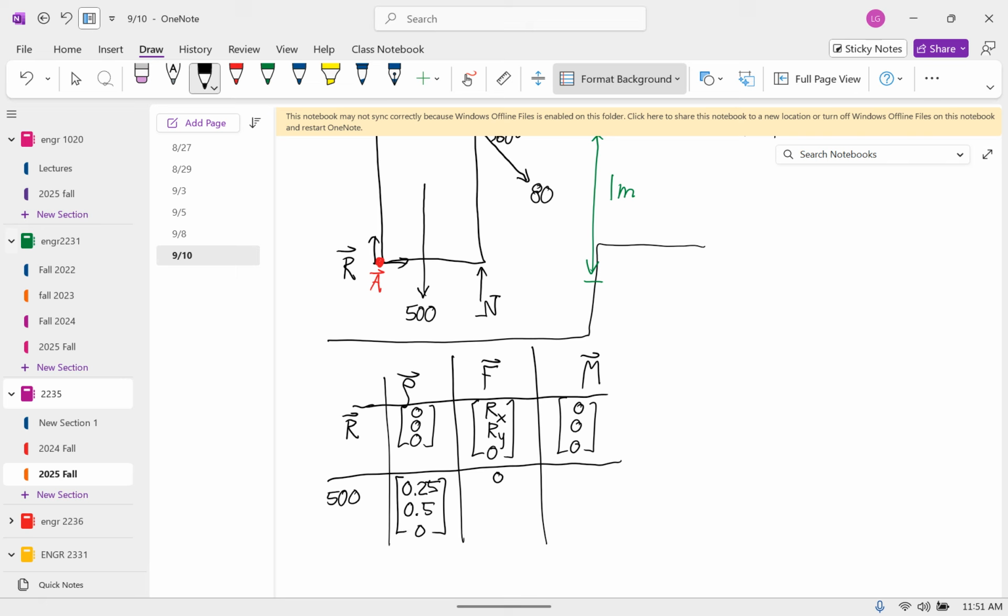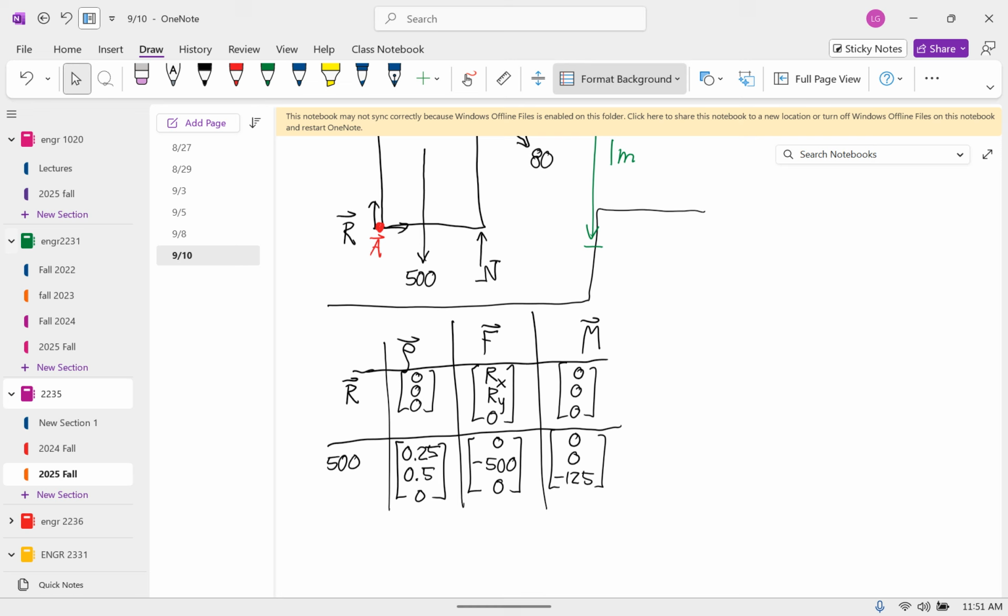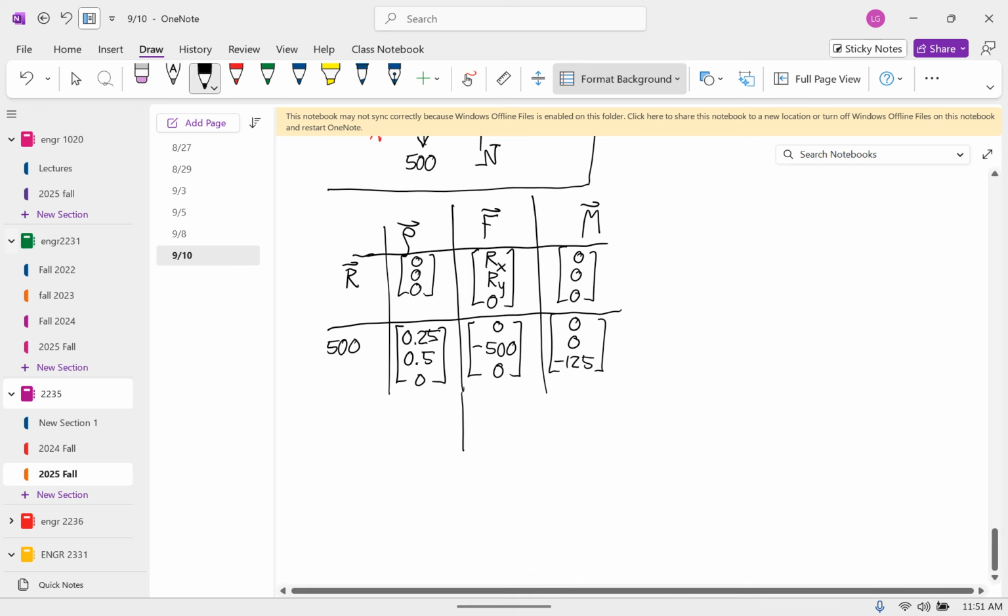The force is 0, negative 500, 0. And the cross product is 0, 0 for x and y, and then negative 125 for z. I'll just fill out this table and then we'll stop.